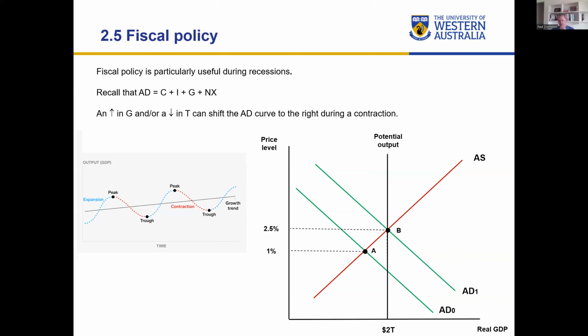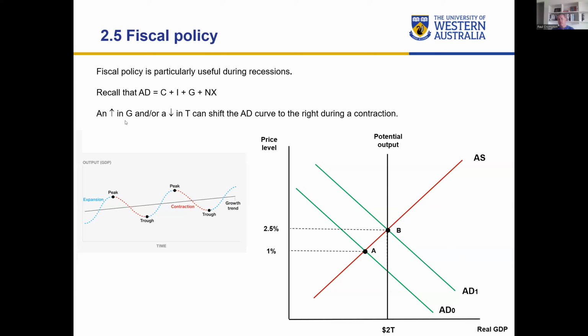So if you want to adopt a fiscal policy that takes this aggregate demand curve AD0 and shifts it back to the right, you are actually going to increase the level of real GDP. That expands the size of the economy, so it's an expansionary fiscal policy. So what sort of actions can the government take to shift this aggregate demand curve from AD0 to AD1?